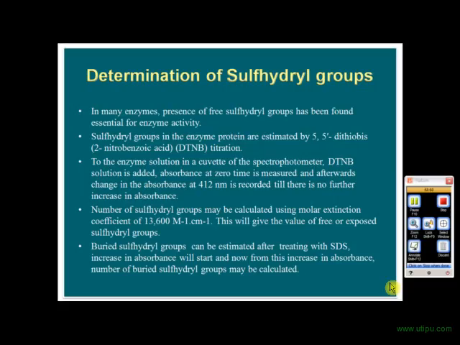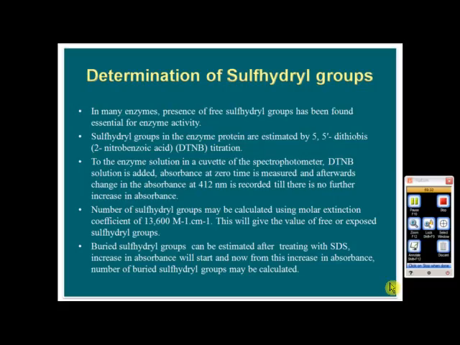In the enzyme protein, they are estimated using dithiobis nitrobenzoic acid (DTNB) solution, by DTNB titration. To the enzyme solution, generally in the spectrophotometer, we add DTNB, which absorbs at 412 nanometers. Whenever it interacts with the sulfhydryl groups, you will get an absorption spectrum.